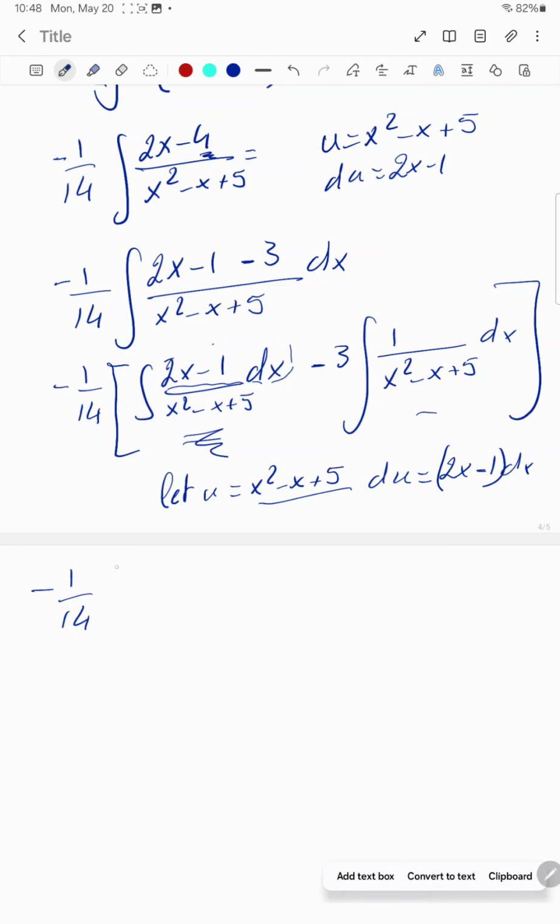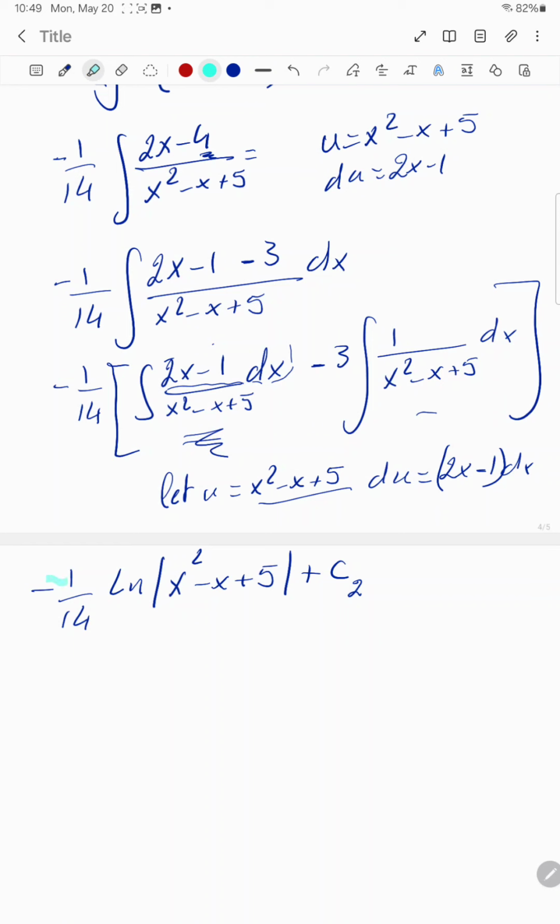So minus 1 over 14 ln of x squared minus x plus 5 plus C2. And this I will highlight because I will add it to my solution at the end, and I will concentrate on solving this other integral, because the minus 1 over 14 I distributed it here, but I have to distribute it here too.